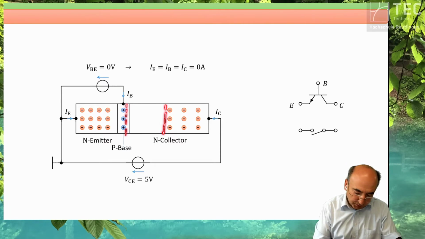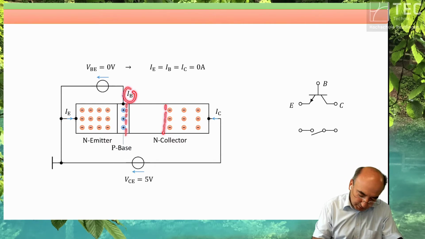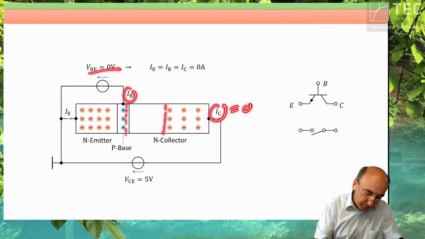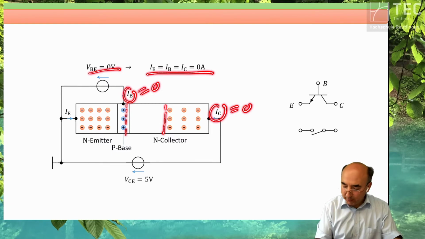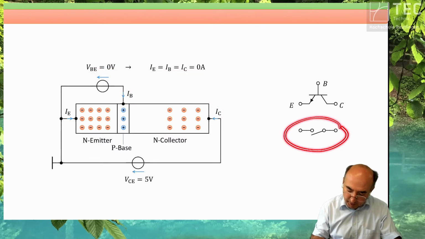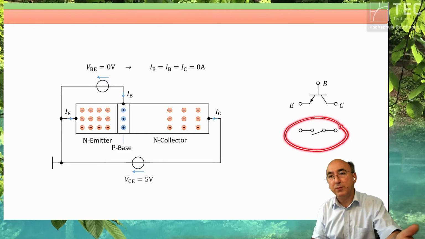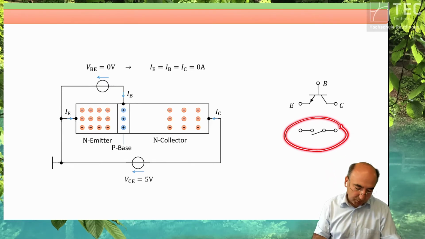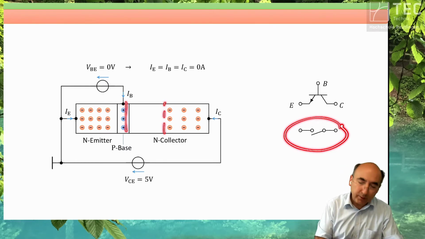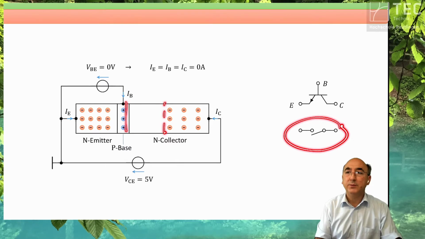In the first approximation, this current is 0, and due to no bias, the base current is also 0. All currents are 0. And the equivalent circuit of this type of transistor is switched off. That's understandable. No current because of reverse biased collector base diode.